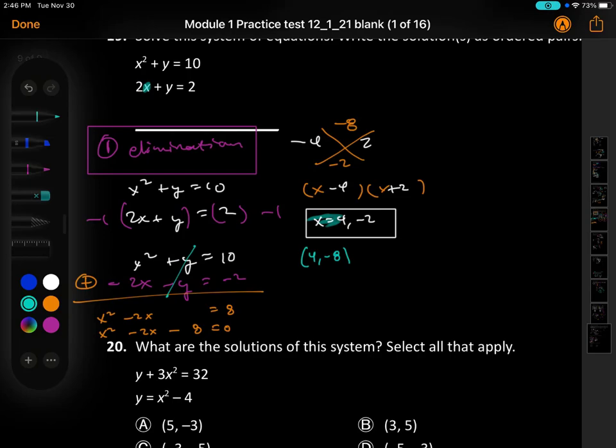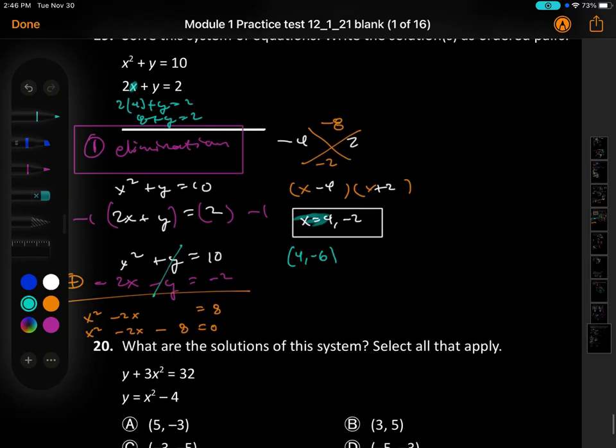X equals 4. If I put in 4, oh, duh, I just can't add. So that would become 8 plus y equals 2, and then subtract 8, y equals negative 6. So I was yelling at myself.